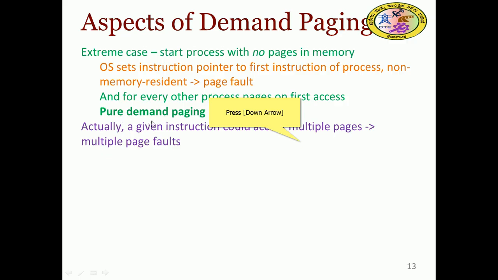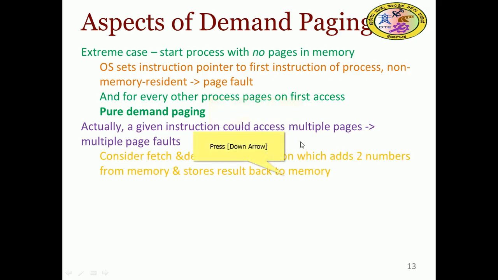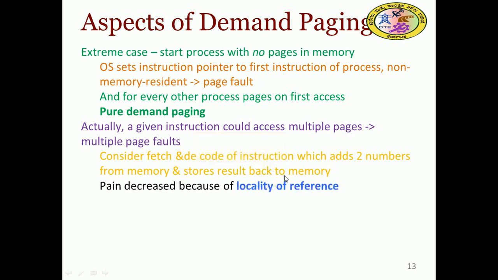In fact, a given instruction could access multiple pages, so multiple page faults can exist. Consider the fetch and decode of an instruction which fetches 2 numbers from memory and stores the result back to memory. Here the pain decreases because of the locality of reference.